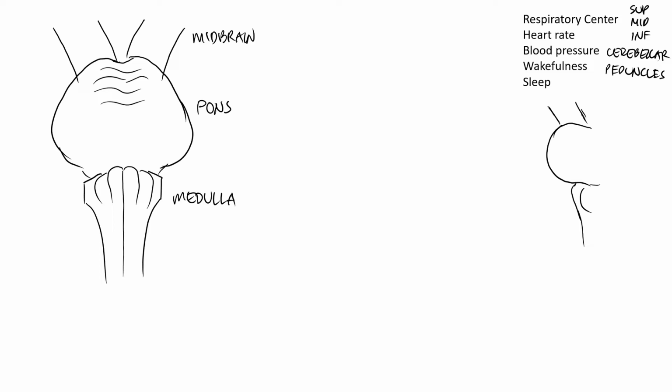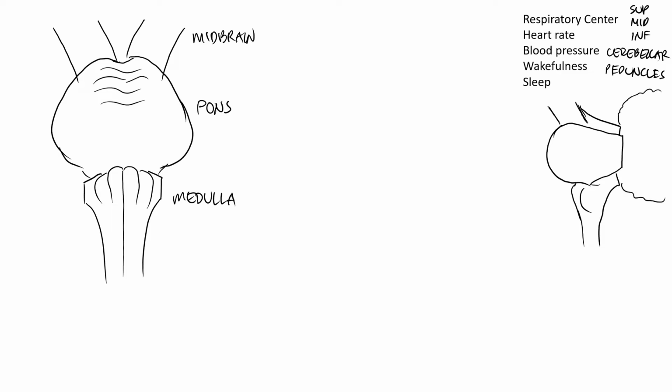So, your midbrain has your superior cerebellar peduncle, your pons has your middle cerebellar peduncle, and your medulla has your inferior cerebellar peduncle. And so this is your cerebellum here.